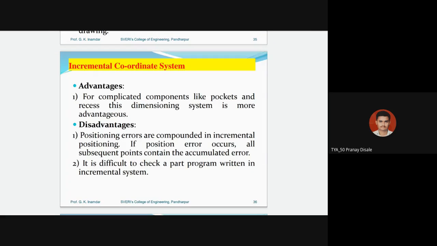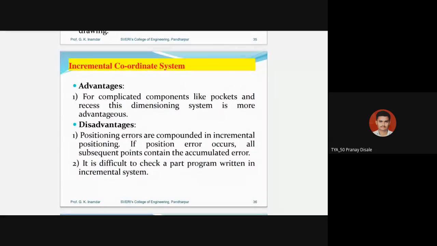For complicated components like pockets and recesses, this dimension system is more advantageous because everywhere we need not consider the origin. Only the last operation we have created, based on that the second operation will be created. For that purpose, this is the advantage of incremental.